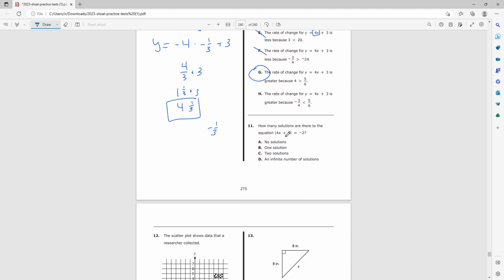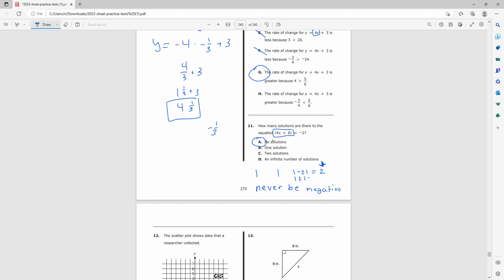So how many solutions are there to the equation the absolute value of 4x plus 6 is equal to negative 2? The answer to this is going to be no solutions, because an expression written in absolute value can never be negative. For example, the absolute value of negative 2 can only be 2, right?